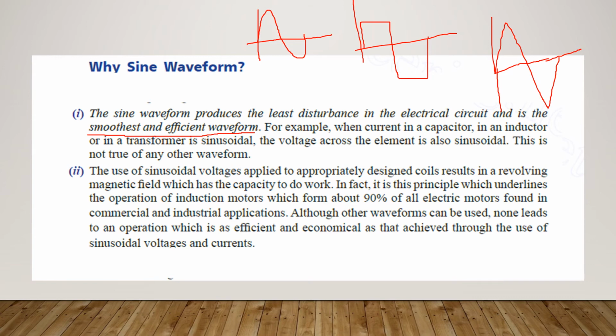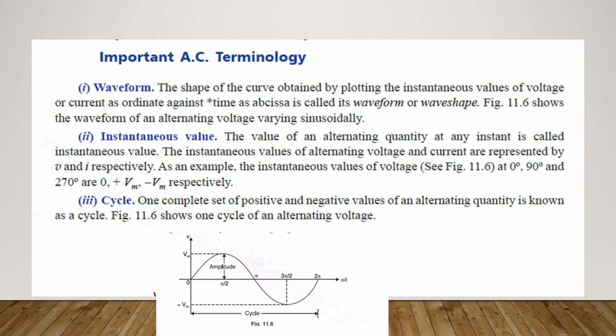The second reason for using only the sine wave is its use in the operation of motors, designing coils in revolving magnetic fields. That is why we use only the sine waveform.